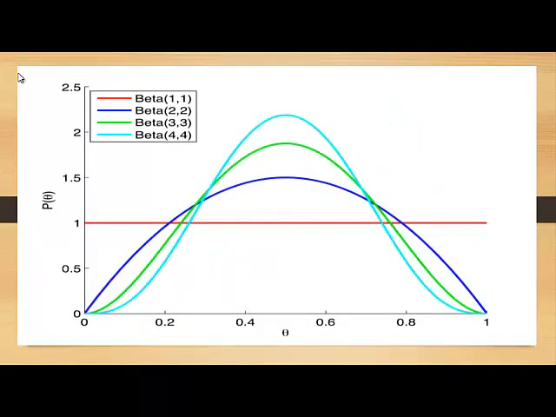If you just keep increasing the numbers 1, 1, 2, 2, 3, 3, 4, 4, then it remains symmetric and starts concentrating near the center, 0.5.